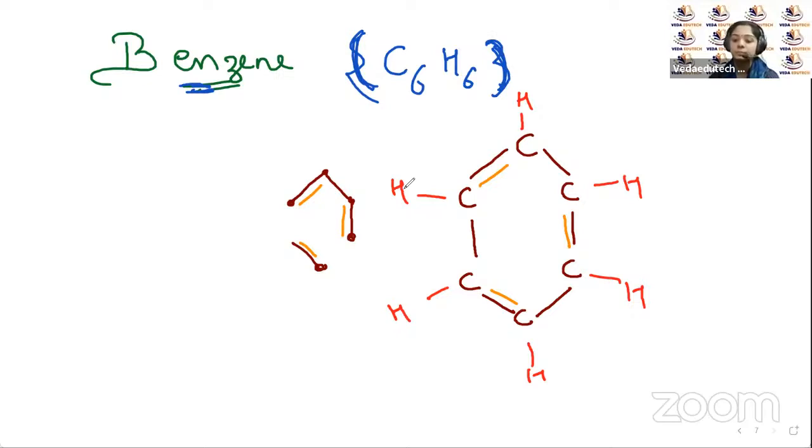Clear? So that's the structure of benzene. It forms a ring structure, and every alternate carbon has a double bond.